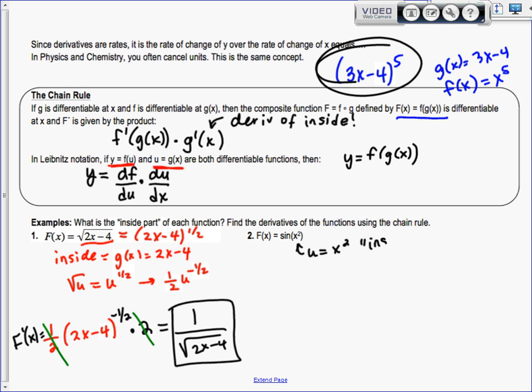Basically, if I had sine of u, I know how to take the derivative of sine of u. It's just cosine of u, right? So if I do f prime of x, it's going to be cosine of that u value times du. What's the derivative of the u? 2x. So that's the derivative of the inside.